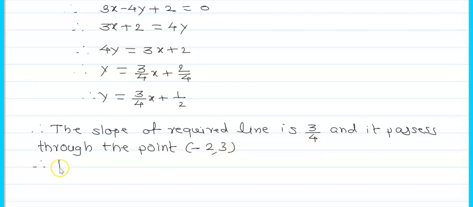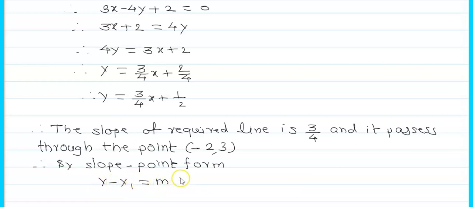Therefore, by slope point form. What is that? y minus y1 equals m in bracket x minus x1.